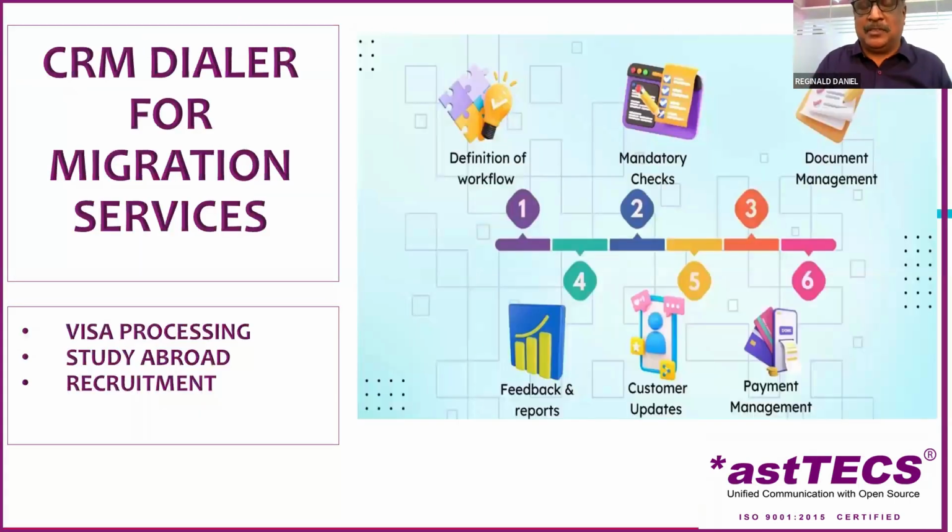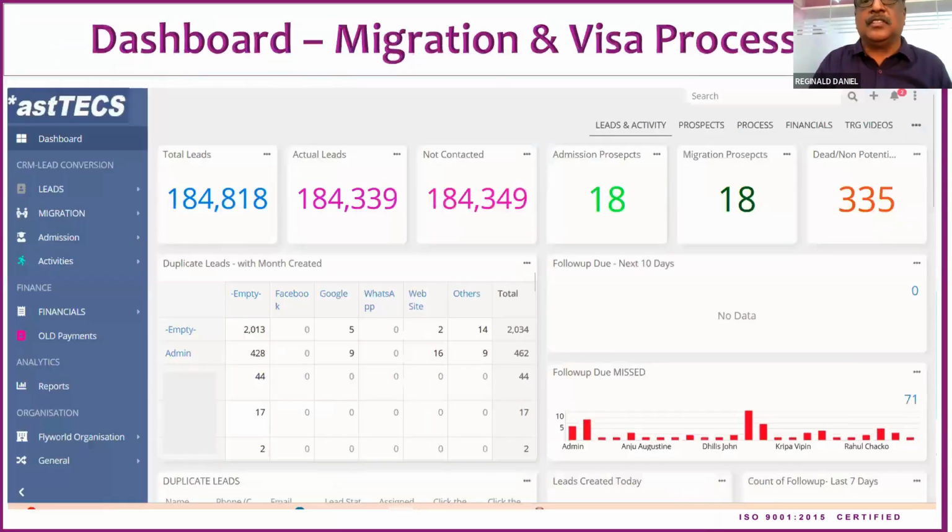Then comes education, migration services, and visa, for which we also have customized solutions. This is a typical dashboard for migration and visa processing, where you know how many leads there are. Leads are getting captured from different sources. How much is converted, for what kind of country, what kind of visa, and what is the status, whether they're eligible or not eligible.